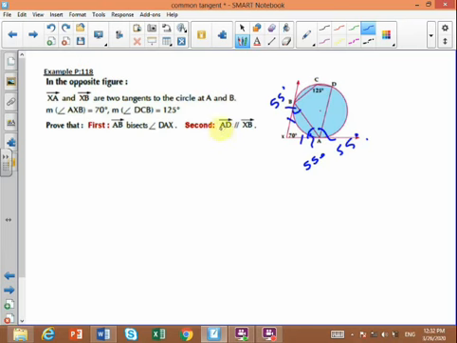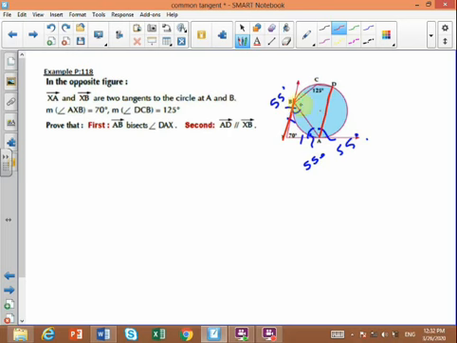Okay, then he wants me to prove that AD is parallel to XB. If I want to prove parallelism, I must have equal alternate angles, or equal corresponding angles, or the sum of two interior angles equal to 180. Where is letter Z here?